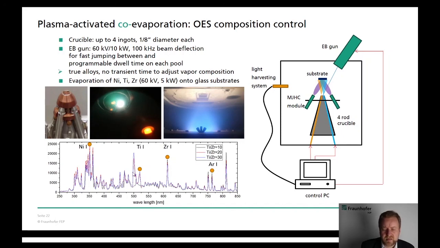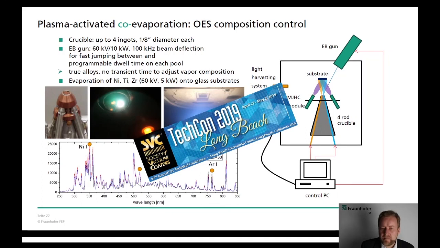It gets quite complicated because we have more and more materials, so all these peaks are there, but we could identify peaks for control. I don't want to go into detail, because we have shown this on the last TechCon, but we could also use this OES control to control the composition of co-evaporated coatings.